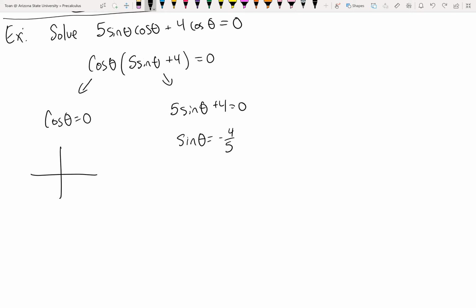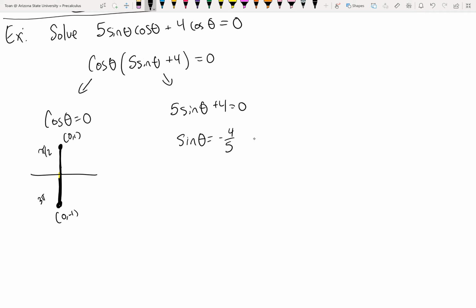Well, hopefully you guys can just see that at 90 degrees, or pi halves radians, this coordinate here is 0, 1, and at 270 degrees, or 3 pi halves radians, this has coordinates 0, negative 1.